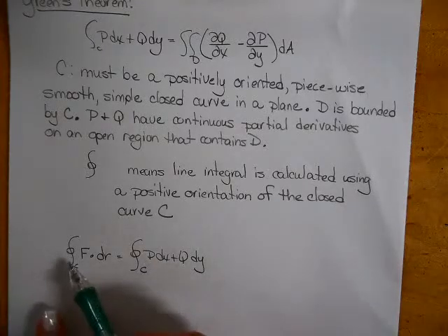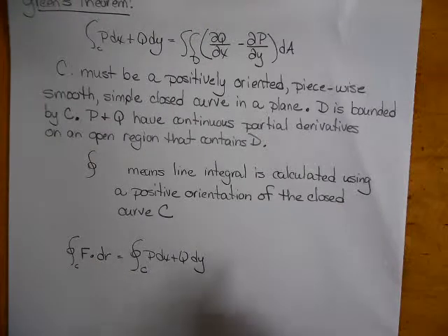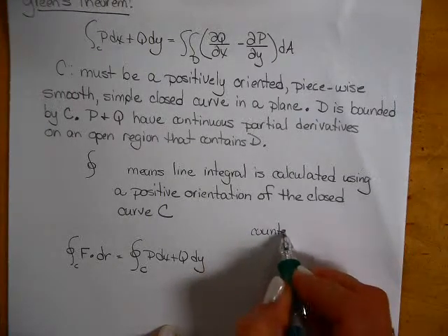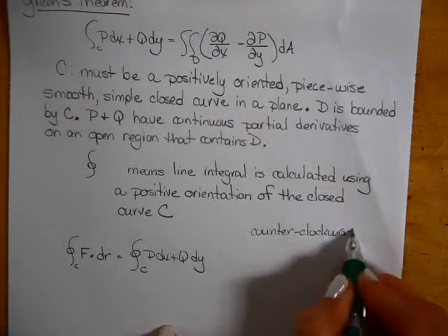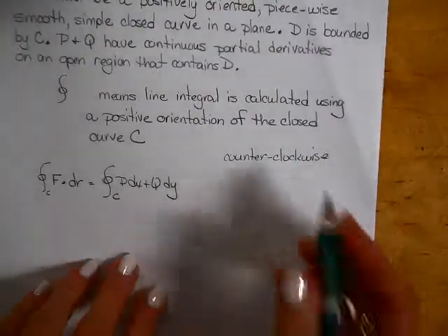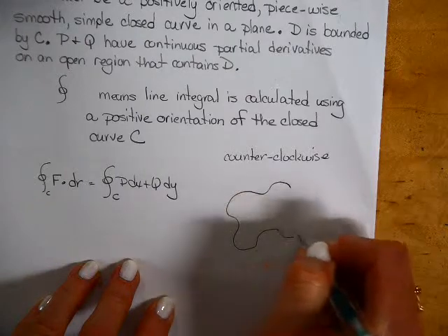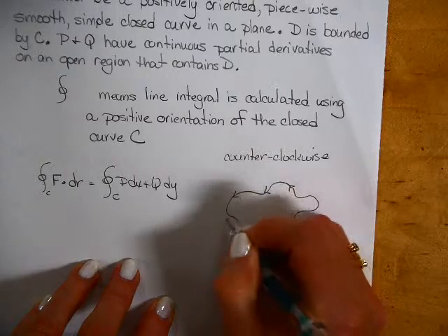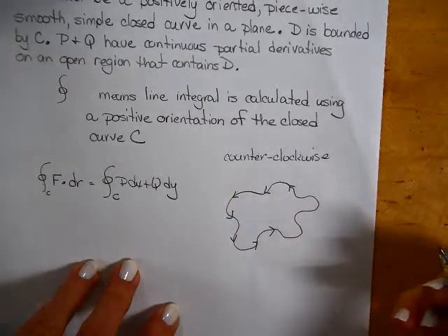When you see this symbol, it's supposed to mean that you're going over your curve C in a counterclockwise direction. Doesn't matter if it squiggles around, but it needs to be going that direction to be positively oriented.